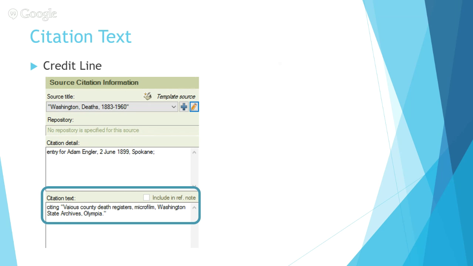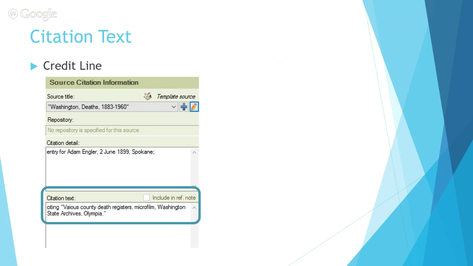I used to keep citation text for my own notes. If I want to craft a good citation, I need to use the citation text field. So I have moved some of the information into the notes field that I showed you, the portion of that where I copied and pasted from Ancestry.